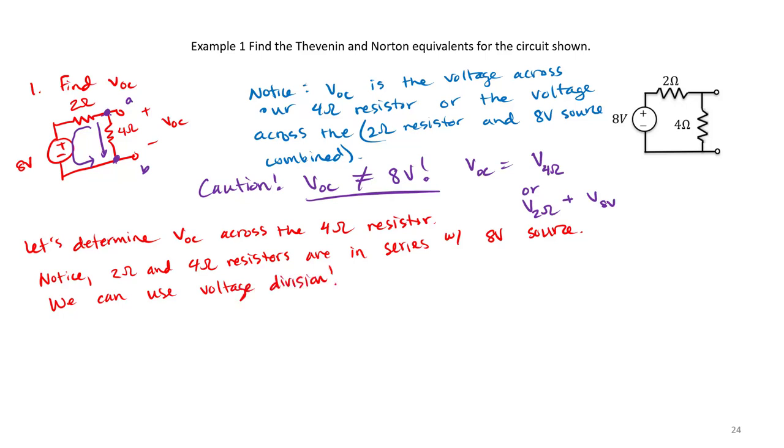And in this case, we can determine that the voltage across our 4 ohm resistor must be equal to VOC. And again, that's just 4 ohms divided by 4 ohms plus 2 ohms times our source, which is 8 volts. So VOC is going to be 4 over 6 times 8.